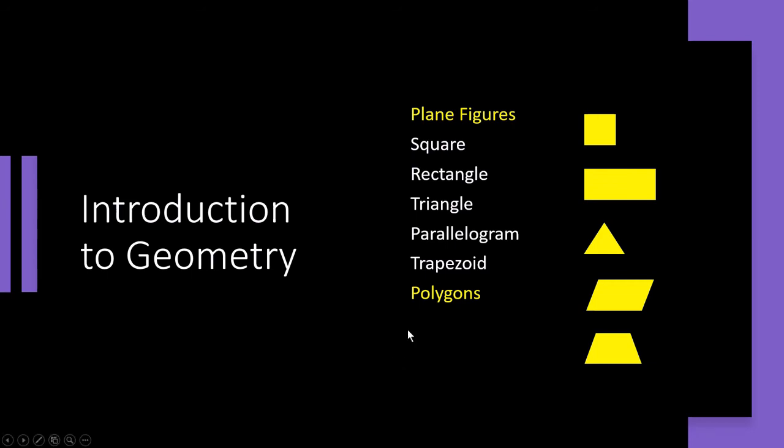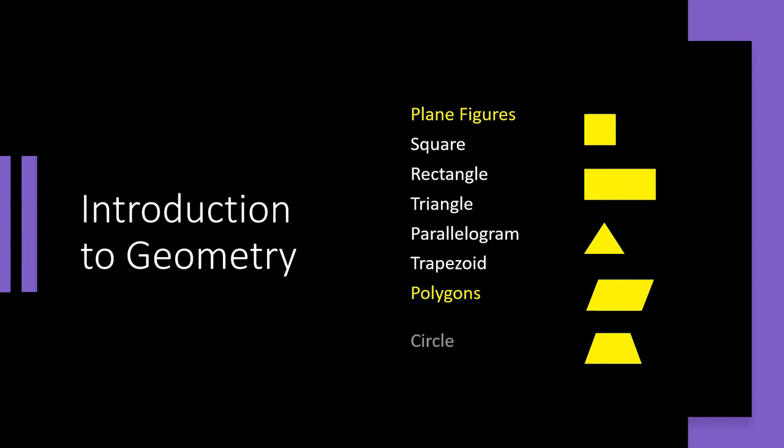Polygons means poly means many, gons means sides. So polygons are plane figures or two-dimensional figures that have more than one straight side. Out of all the plane figures, there's only one figure that does not qualify as a polygon.